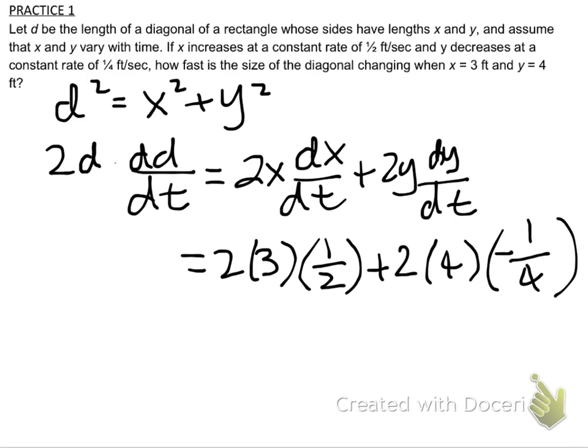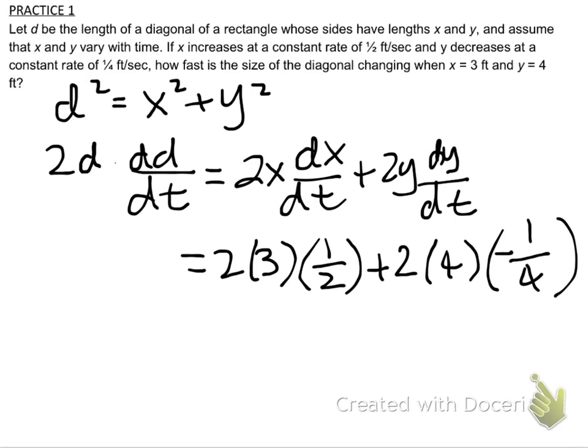So I know that. Now, I'm trying to find dD over dt, and I know that I should be able to figure out d from the problem. Now, is there any way to figure out d from the information that we know?